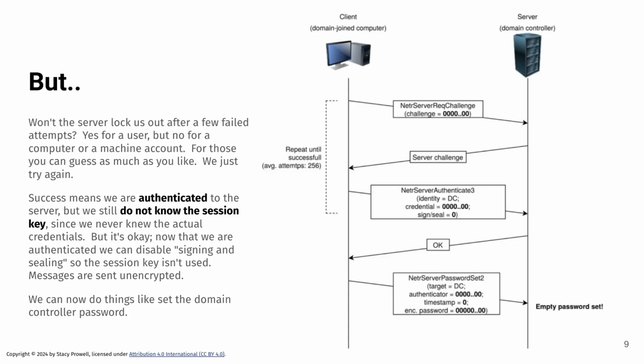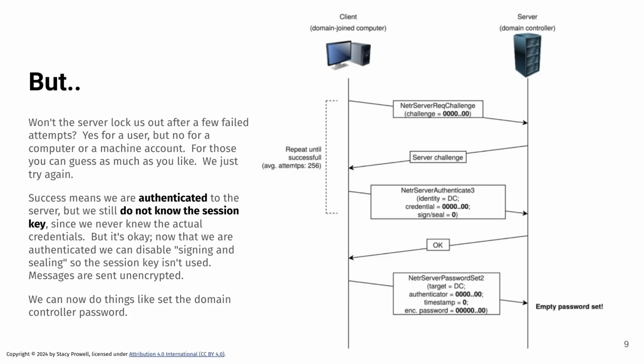Because it turns out, now that I am authenticated, I can tell the server, hey, turn off signing and sealing, which means don't encrypt traffic with the session key. And the server says, okay. Once that's done, now I can engage in other activities.